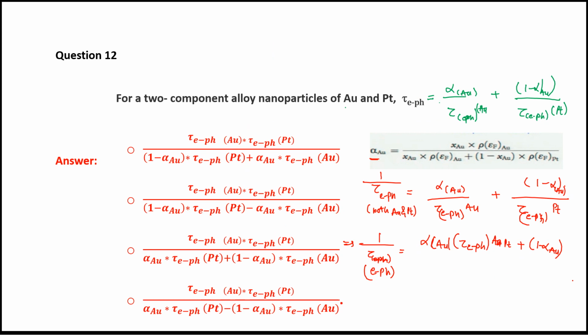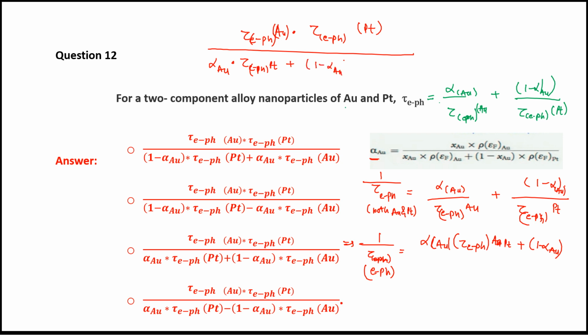Now let us check the options given here. Finally, the expression that comes is tau EPH of AU multiplied by tau EPH of platinum, whole upon, in the bottom, alpha AU into tau EPH of PT plus 1 minus alpha AU into tau EPH of AU.